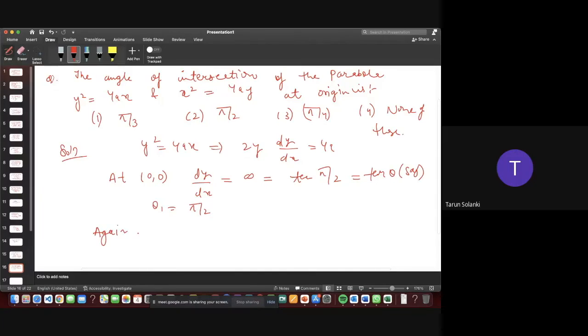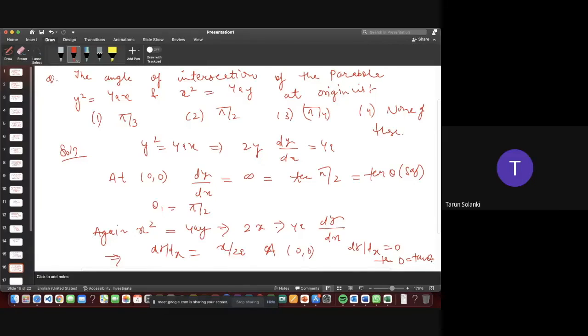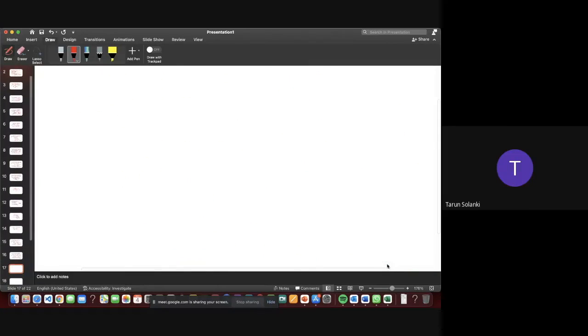Again, x square is equal to 4ay, so 2x is 4a dy by dx. So if we solve, dy by dx is x by 2a, and at (0, 0), dy by dx is 0. So tan of 0 is tan theta 2, so finally theta 2 is 0.